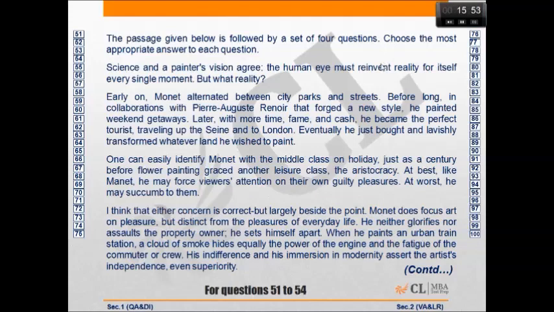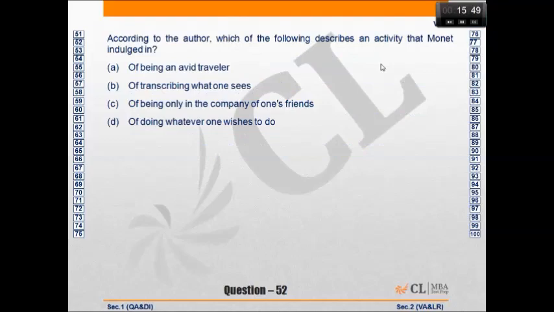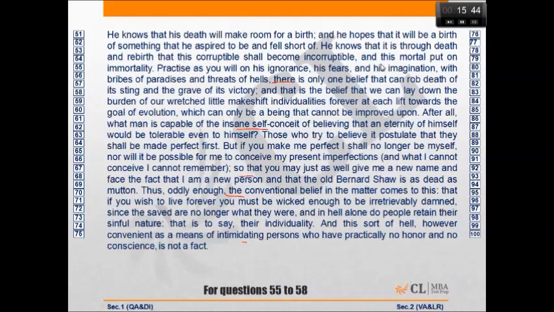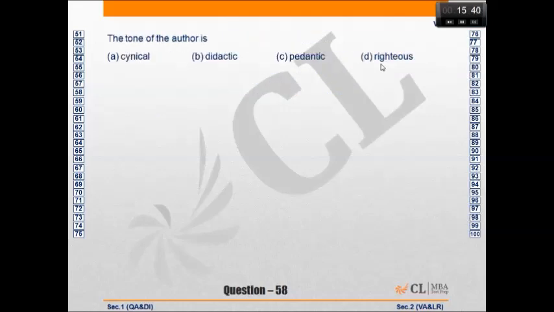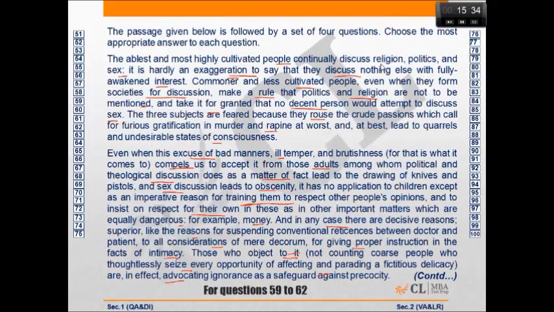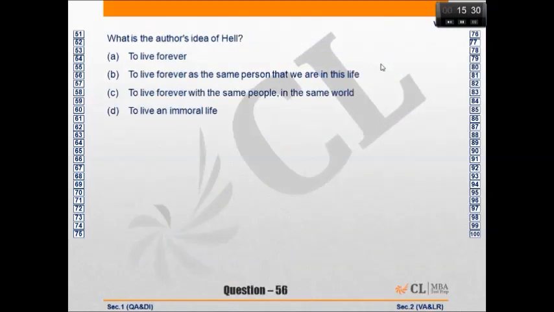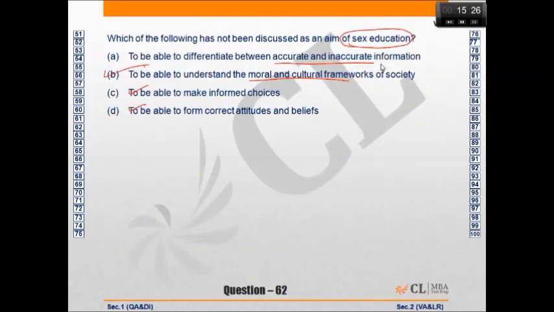Do I do one RC? The RCs I have done. The first one was, did not make Monet. I have not done this one, so I know I can do one RC possibly. The author is cynical. This one is usually easier to find. The next two passages I have done, so it has to be one of these two passages.